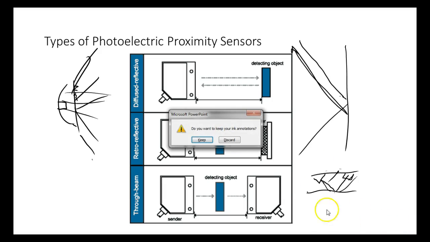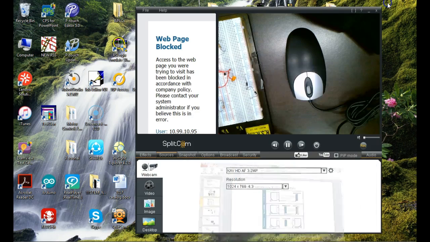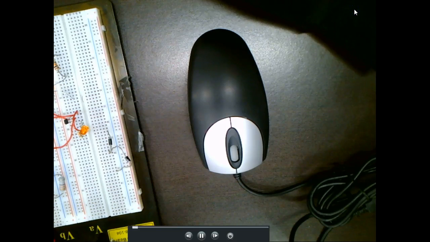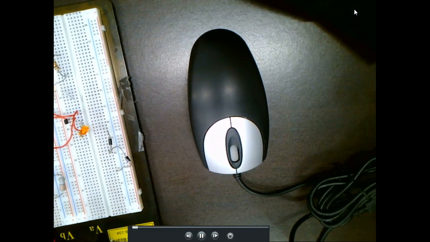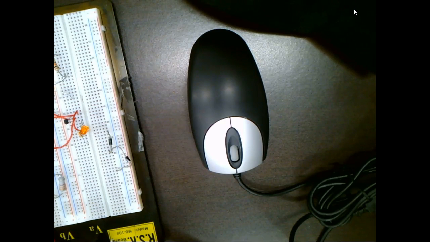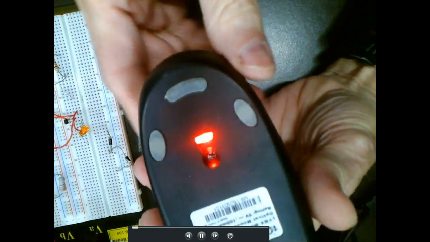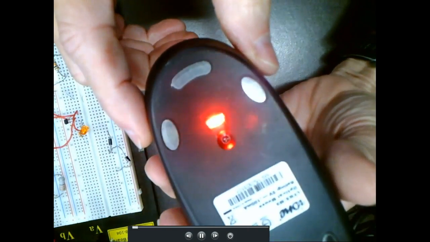Okay. Anybody got any examples of a definite reflective? A mouse. A mouse uses a definite reflective. If we look at it, we can actually see the angles, right? You understand?